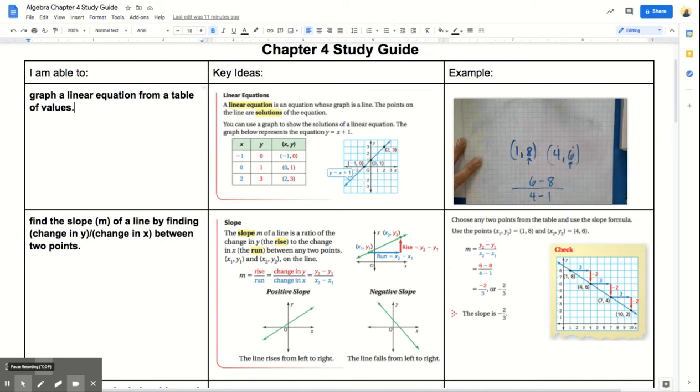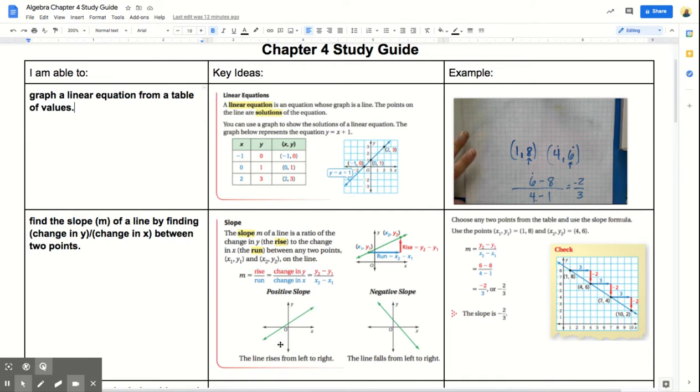Remember, we pulled from that for our first number here, and we pulled from that for our first number here. You can't mix up the order. So 6 minus 8 is -2, 4 minus 1 is 3. Even without graphing, you can take the two ordered pairs and calculate slope.